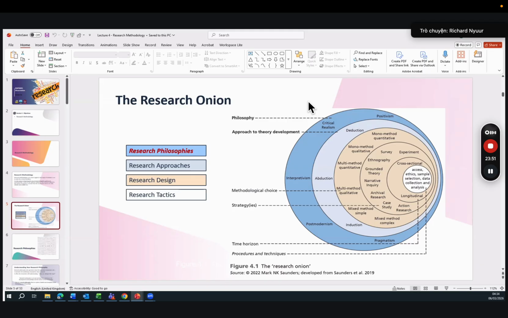starting from positivism, interpretivism, critical realism, postmodernism, and pragmatism.